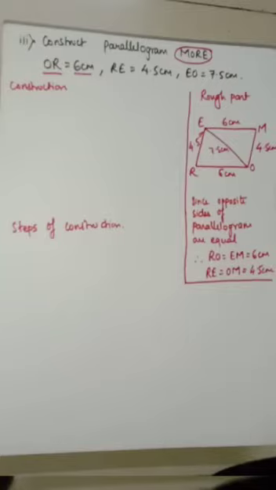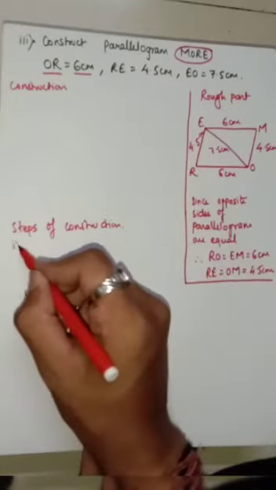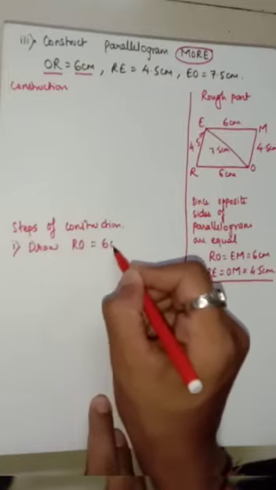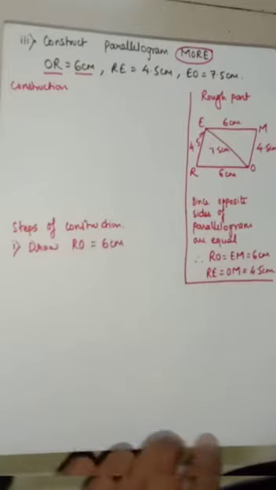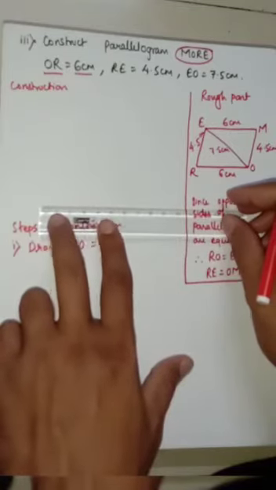Now the construction part, now it is simple, right? We are given the four sides and a diagonal. So the same way as we have done in the previous question, we will proceed. First we have to draw a line RO 6 centimeter. So using a scale, we will draw a line of 6 centimeter.